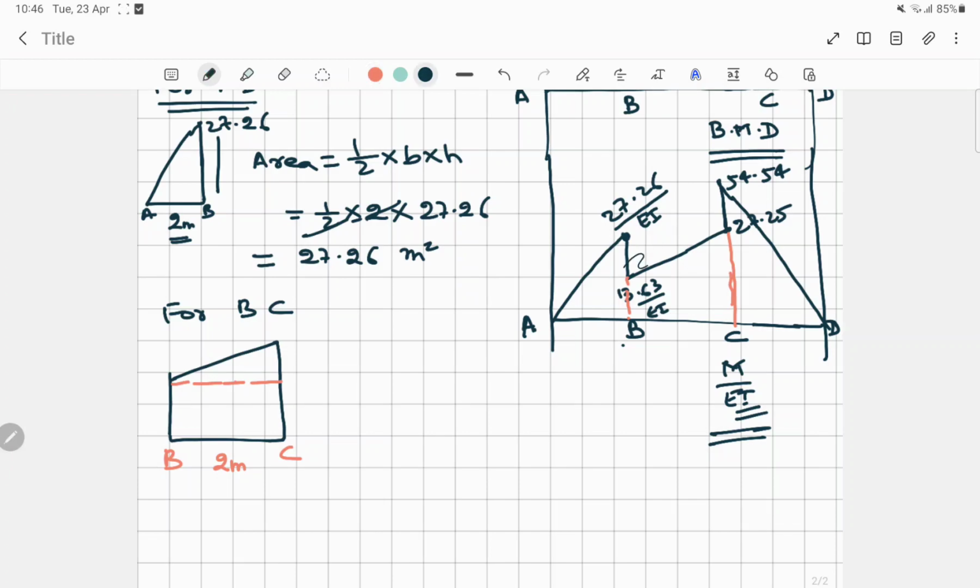The total height from B to C is 27.25, and this height, from here to here, is 13.63. This is the height, and the whole height is this one.